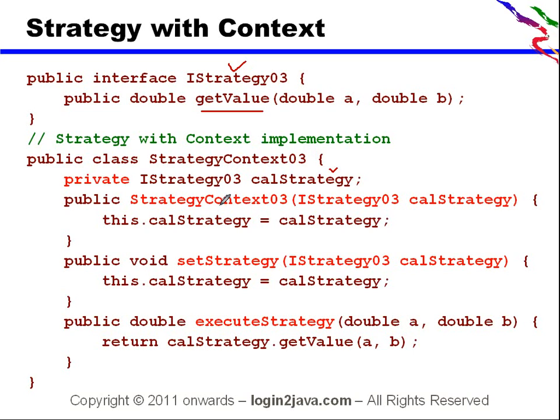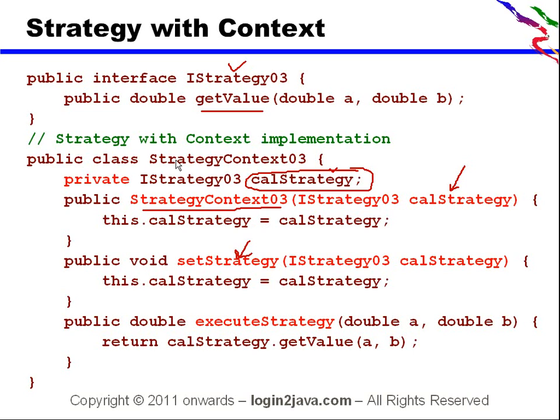Then we are having a constructor for this strategy context, where we can pass on our initial first strategy that will be assigned to this reference. So the initial strategy can be available through the constructor, but later on, if you need to change the strategy, you need this method to be used for the same context.